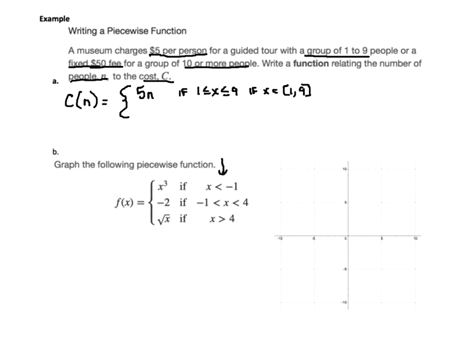And actually I take that back because you can't have partial people. That is a broken interval, so you cannot write that as interval notation. And really it's incorrect since you're talking about people to even use that inequality notation. Really it should be if x is equal to 1, 2, 3, 4, 5, 6, 7, 8, or 9.